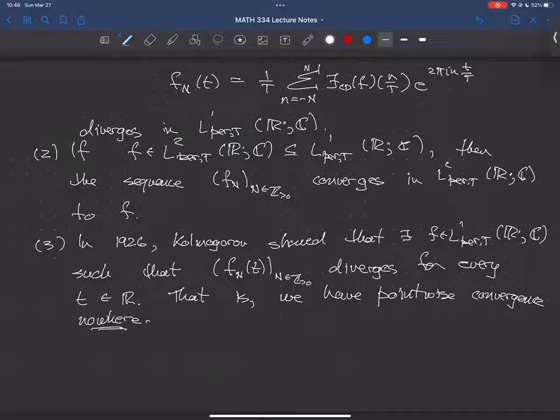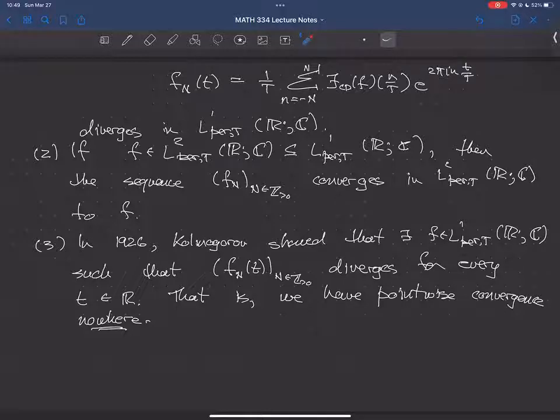Previously there had been simpler examples for which this series diverged at a point. But Kolmogorov's example was more powerful than that. It showed that you get pointwise convergence nowhere.